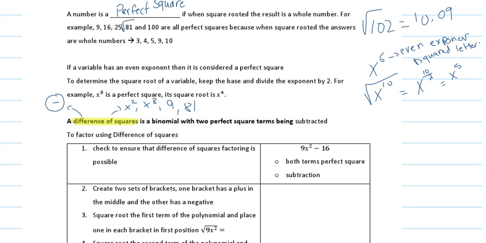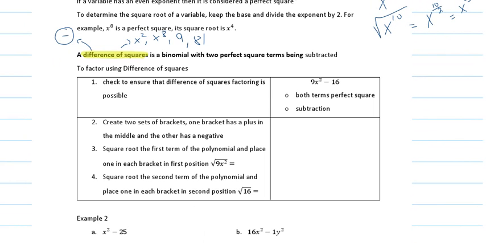Okay? So here's what you have to look for. First, you have to make sure that you only have a binomial, so only two terms. Then you look at your two terms and check, are my two terms perfect squares?